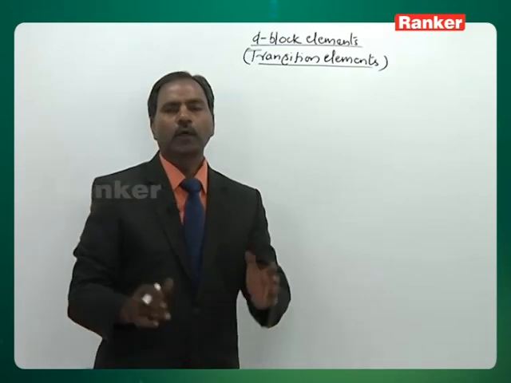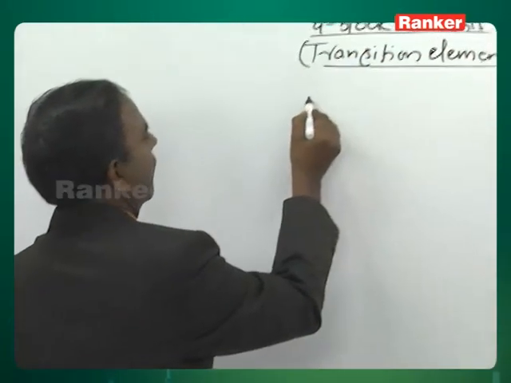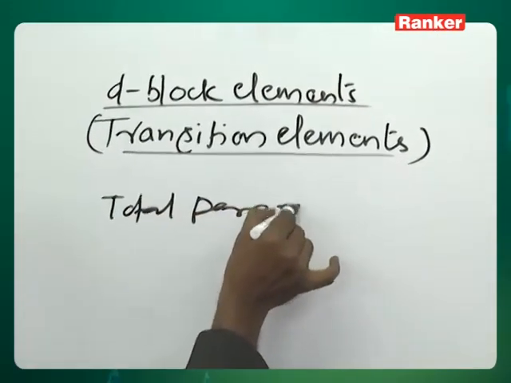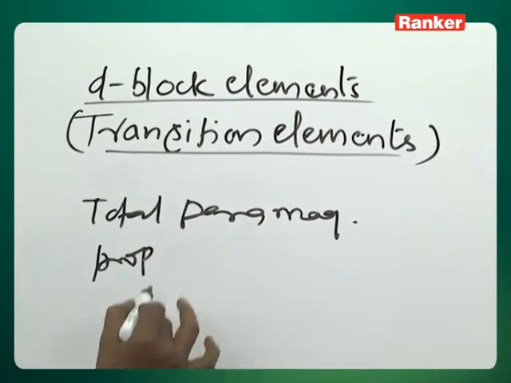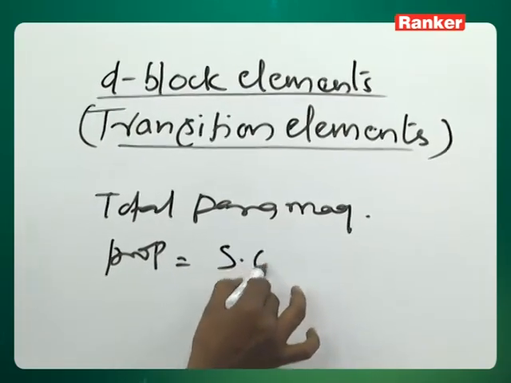Let us now see the total paramagnetic moment of any substance. The total paramagnetic property of any substance is equal to spin angular moment plus orbital angular moment.